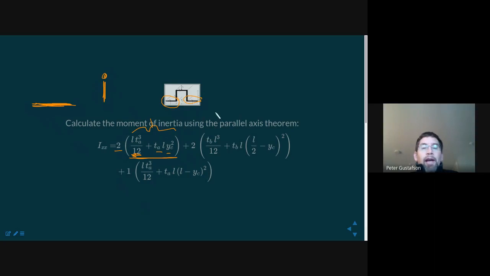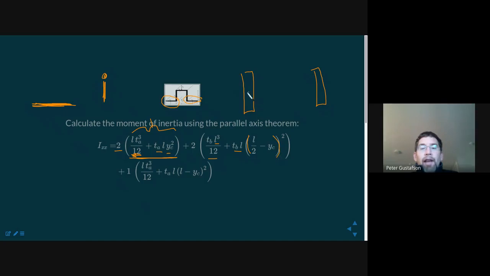We can make the same type of argument for our vertical sections. Locally, it's base times height cubed over 12. In this case, the height is the length, so TB times L cubed over 12, plus the area times the distance from the neutral axis.